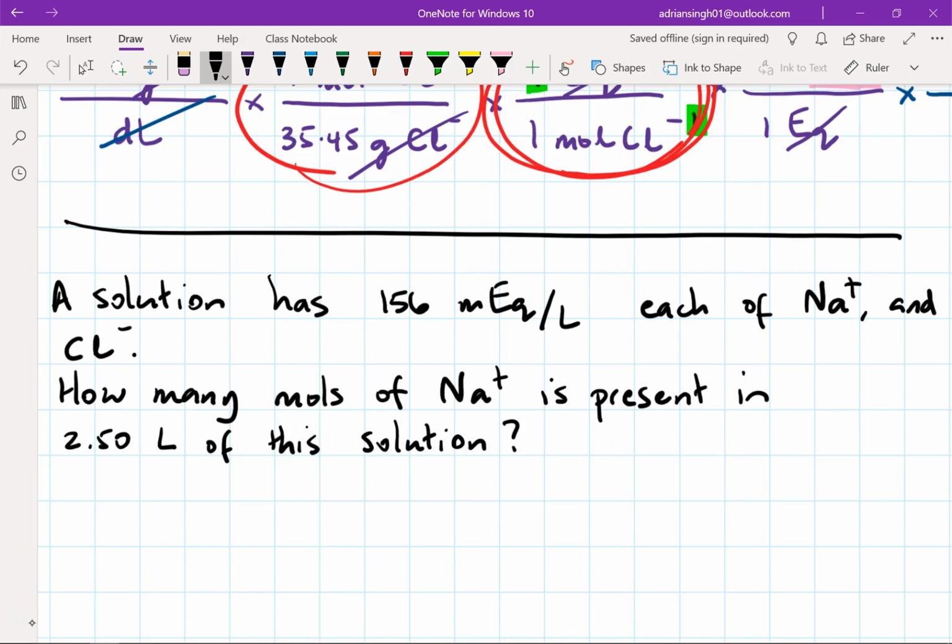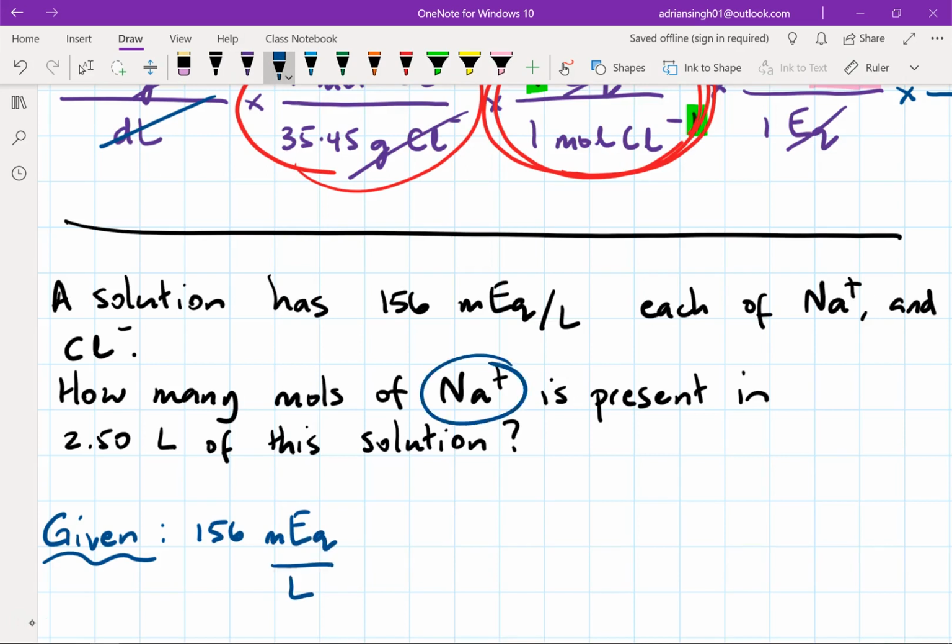All right, so again, you want to list what we're given. So we're given in this case the concentration in milliequivalents. We have 156 milliequivalents per liter, and what we're concerned with here is the sodium, Na plus, in this solution. And then we're told that we have 2.50 liters of this solution. No, we don't have 1 liter, we have 2.50 liters.